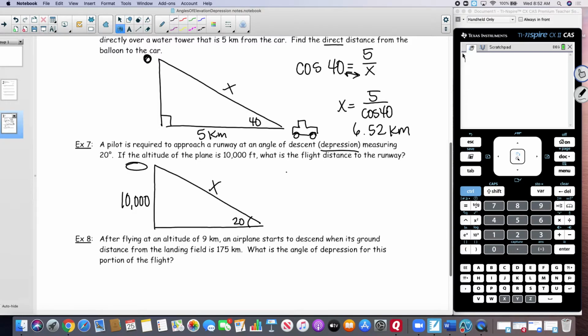So this is going to be sine 20 equals opposite over hypotenuse. So we're going to get 10,000 over sine 20. And so your flight distance is 29,238 feet.